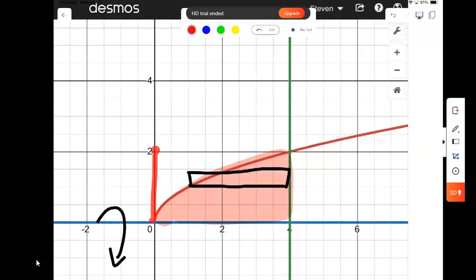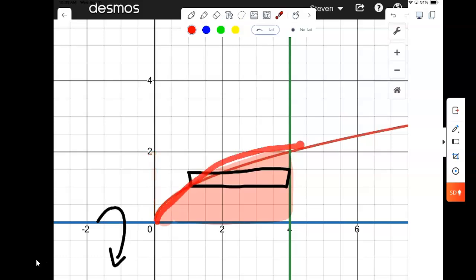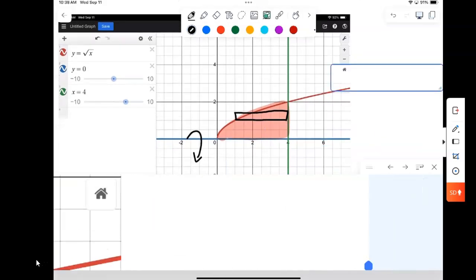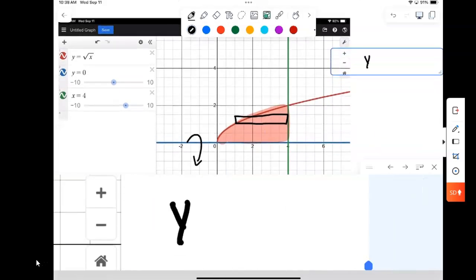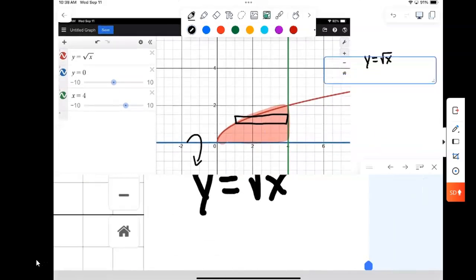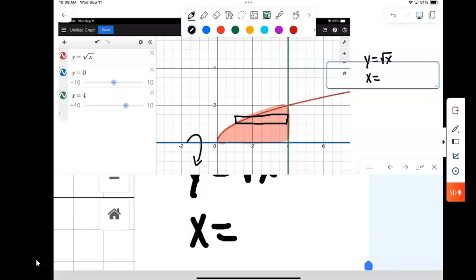So our subdivide would actually be between 0 and 2. That means we're going to need to take this square root function and translate it over to being a function of y. So we take our y equals square root of x, and we can write that down as x equals y squared.